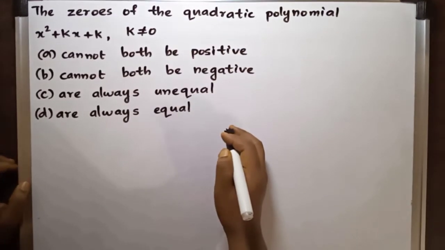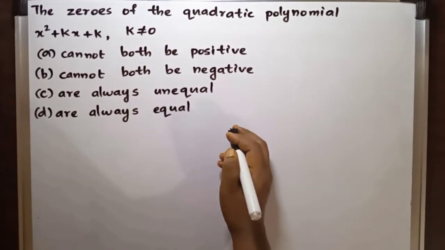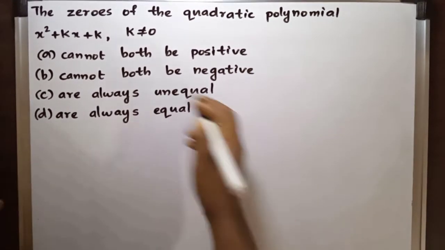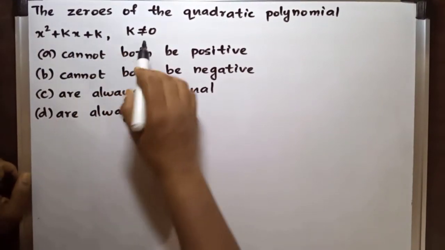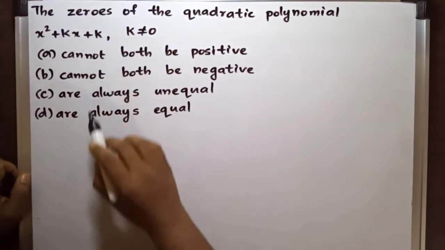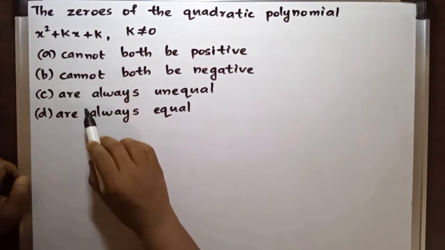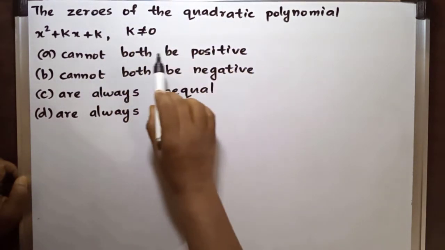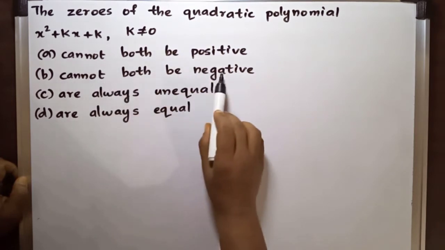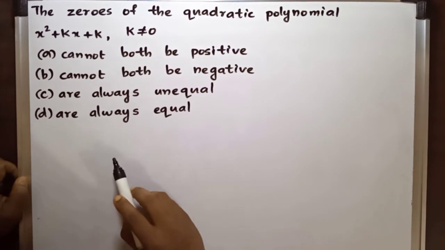Next question is like this. The zeros of the quadratic polynomial x square plus kx plus k, where k is not equal to 0. Here some conditions are given. The zeros of the quadratic polynomial cannot both be positive, cannot both be negative, are always unequal, are always equal.